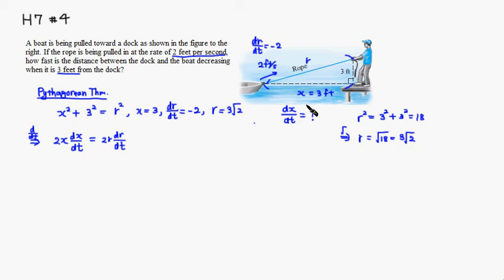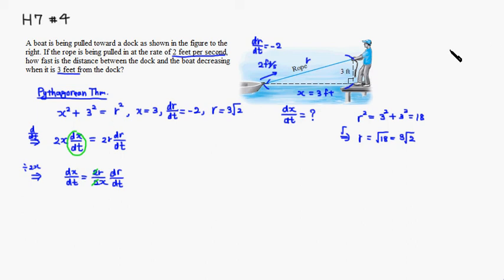Since we're looking for dx over dt, we can isolate that by dividing through by 2x. So dx over dt is equal to 2r divided by 2x times dr over dt, and you can cancel the 2 here and the 2 there.